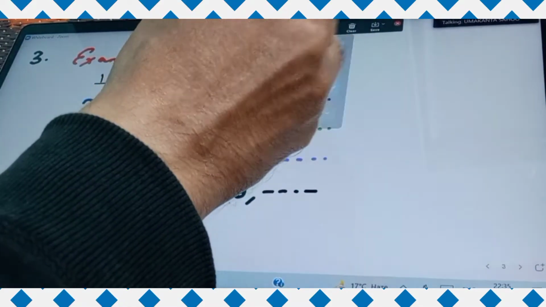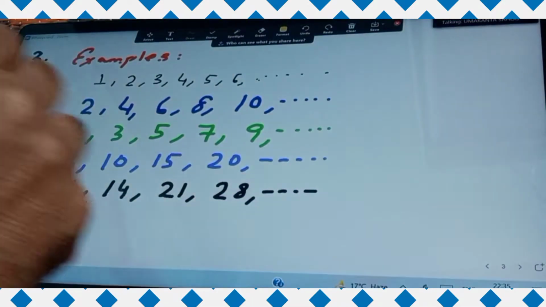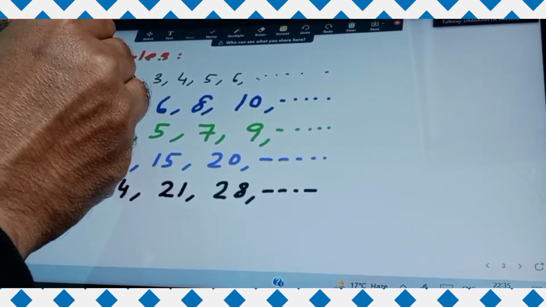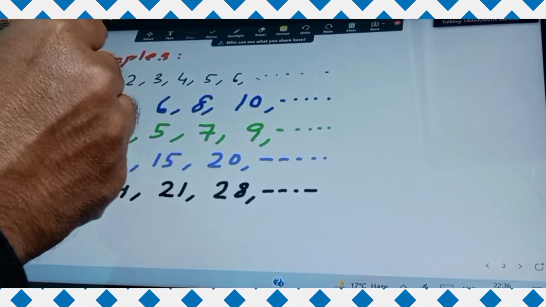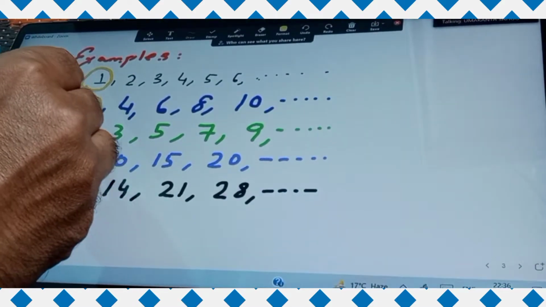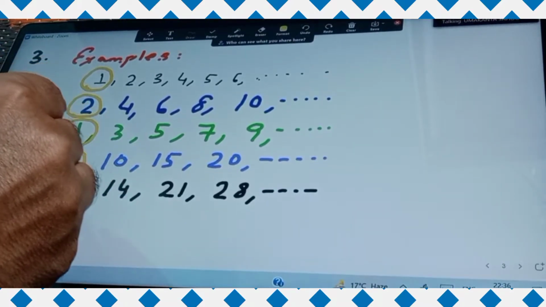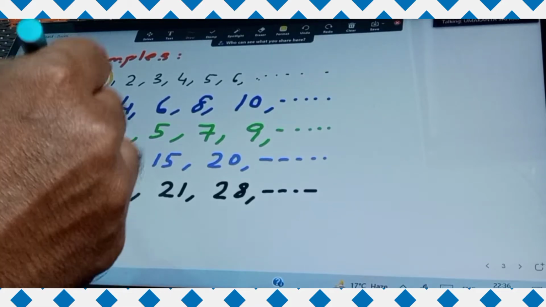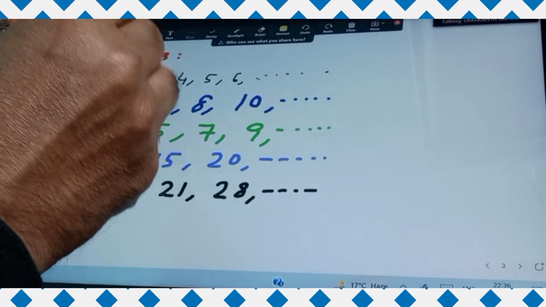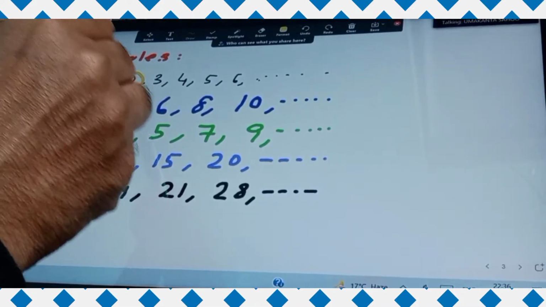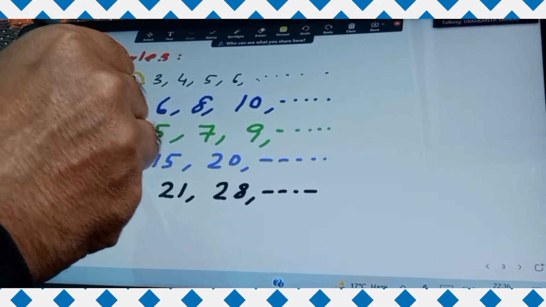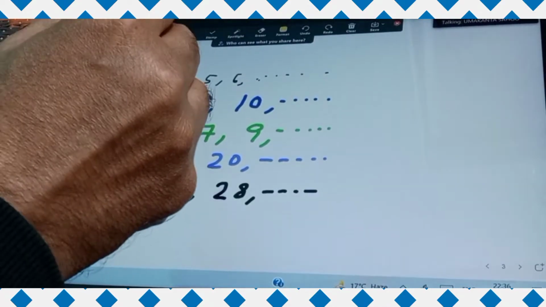And in a sequence, each number of the sequence is called a term. Here the first term is 1. In the next sequence the first term is 2, then 1, then in another sequence the first term is 5, and in the last the first term is 7. The second term here is 2, here it is 4, here 3, here 10, and here 14.